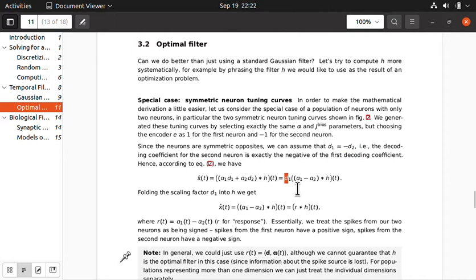That gets us down to just one variable. So there's going to be some optimal decoder. The activities are going to be subtracted, so it's the difference in the activities that gets convolved with this filter. My decoded value is the difference between my activities convolved with whatever that blurring filter is, and then multiplied by some scaling factor, my decoder, and that should be my estimate for x.